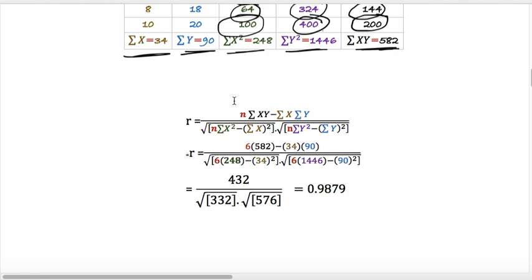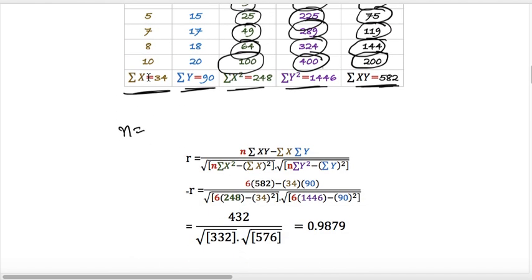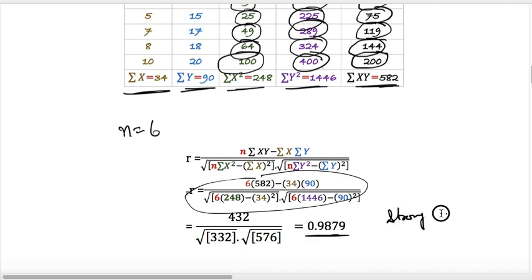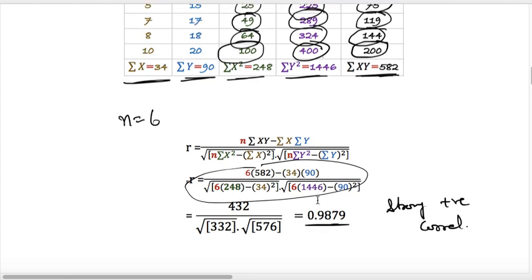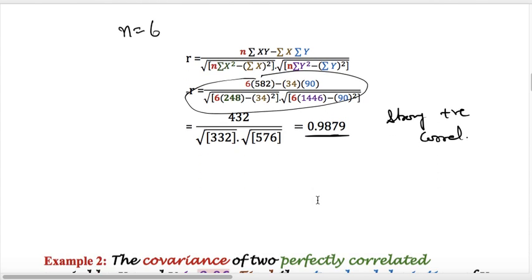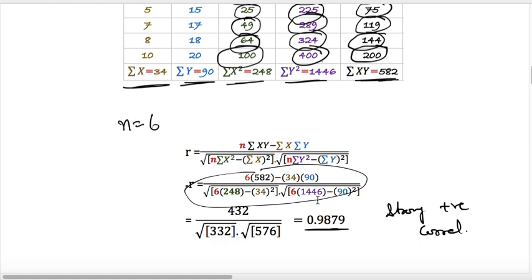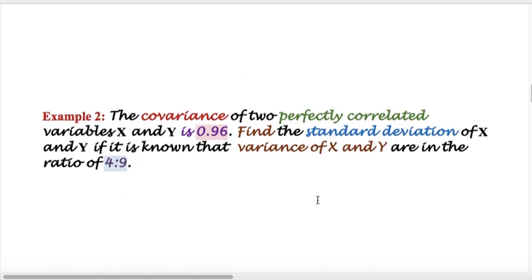Right now the n value is equal to 6, and when we plug in the values and simplify, we get an answer of 0.9879. So here it is a strong positive correlation between them, because it is very close to 1. So this is the first example where data was given, no need of deviation, so we can directly solve it.